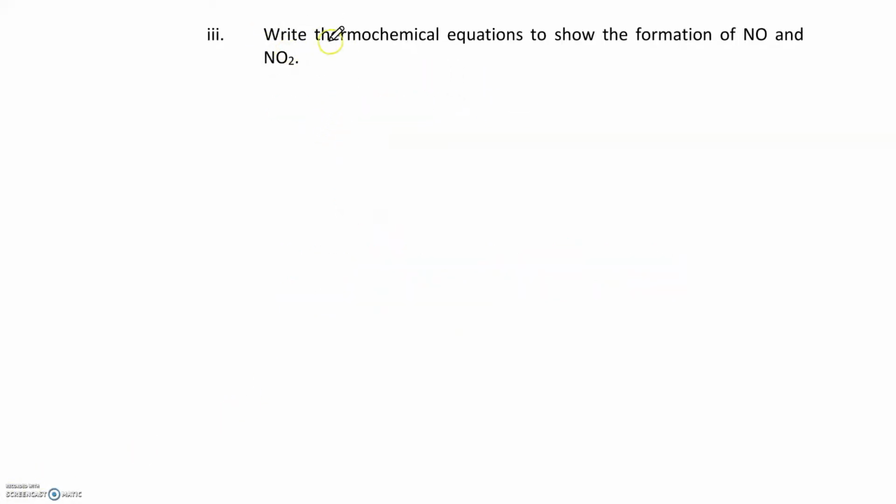Next, we are asked to write the thermochemical equations to show the formation of NO, nitrogen monoxide, and NO2, nitrogen dioxide. Based on the definition for the enthalpy of formation, we want to form NO gas as the product. It is formed from its elements.